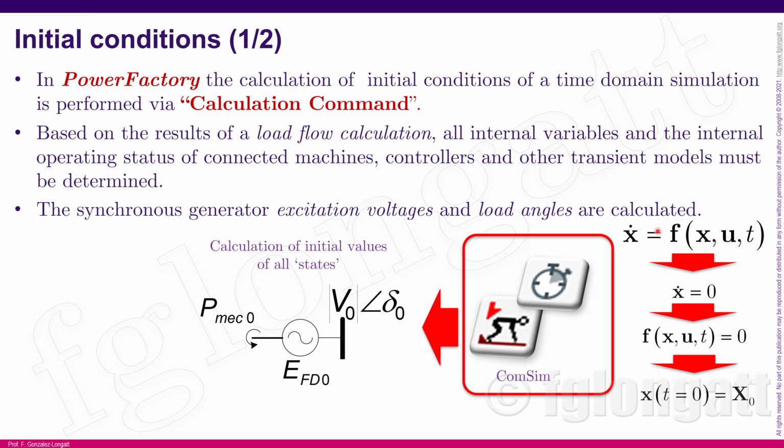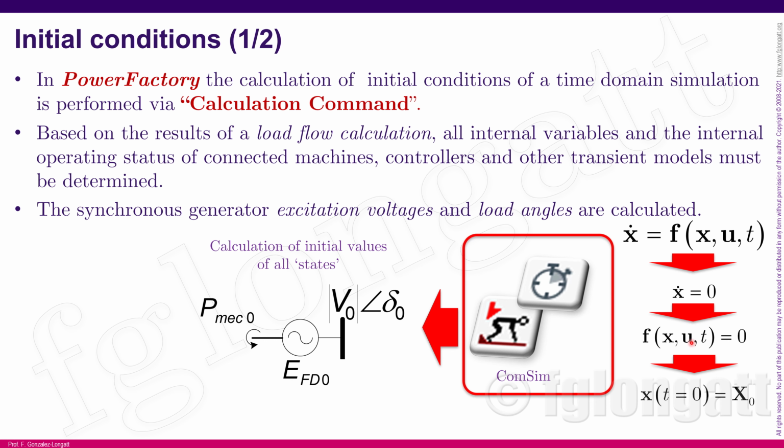And then Power Factory does the following. Power Factory internally takes the differential equations and makes them equal to 0, and if we make them 0 here, we obtain a set of equations equal to 0, but this set of equations has inside the state variables and the uncontrollable variables.